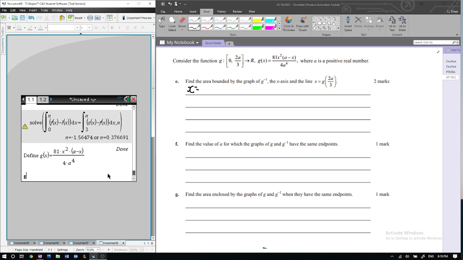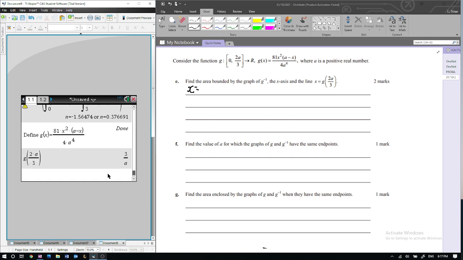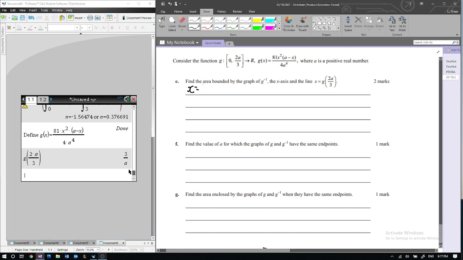Then g of 2a is that. So it wants you to find, for x equal to 3, the area bounded by g of 2a on 3, and g inverse.